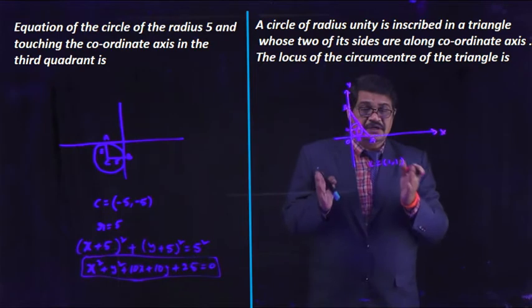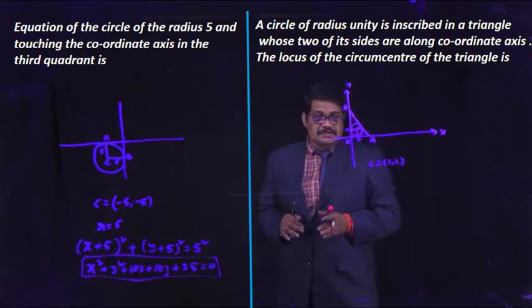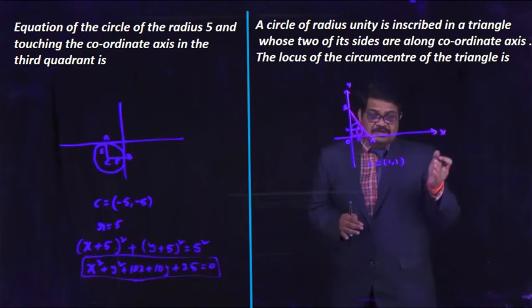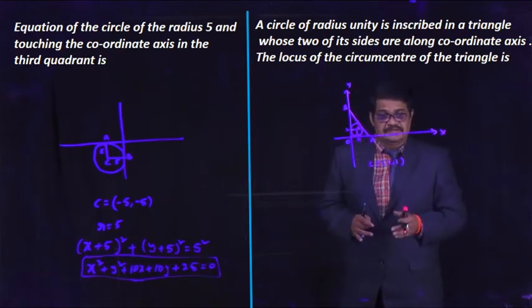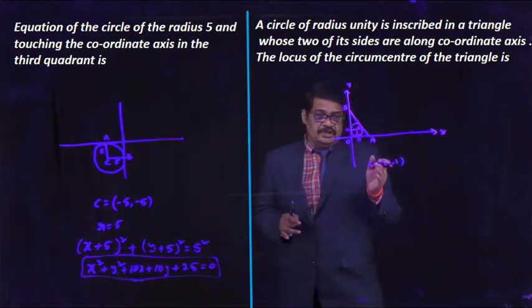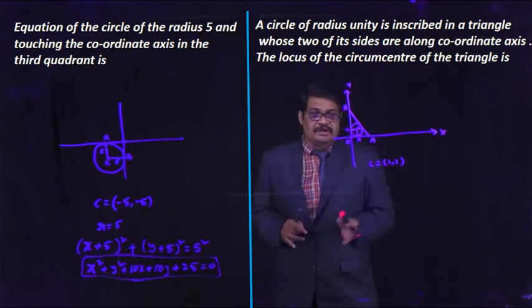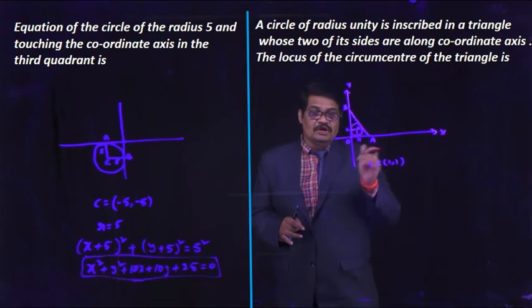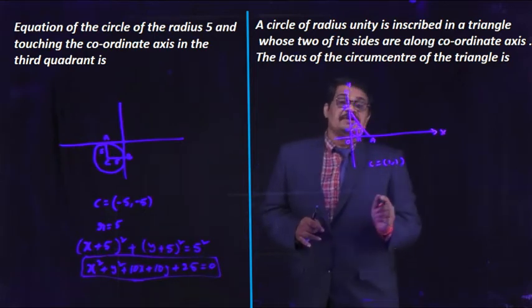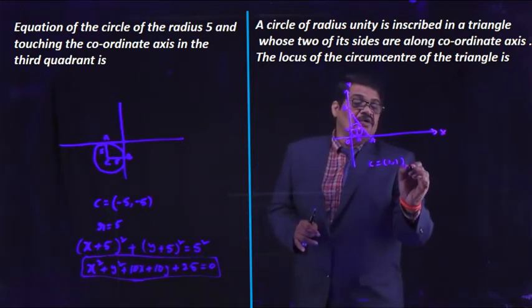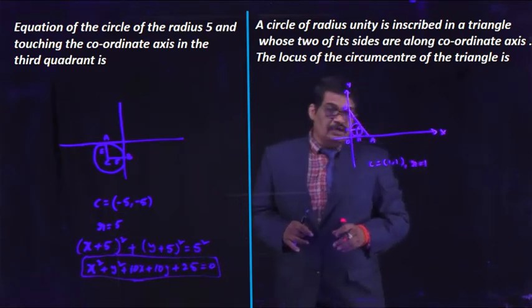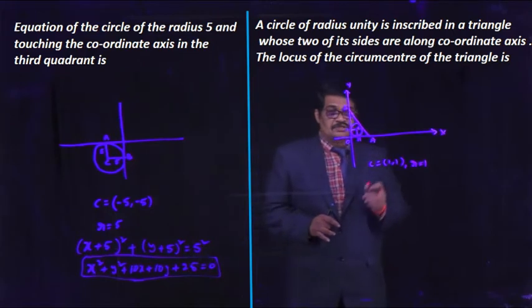If any circle touches both the coordinate axes, then the center is a comma a and r is also a. Here r is 1, and the center is 1 comma 1. So this is the center of the required circle, and the radius of the circle is also 1.